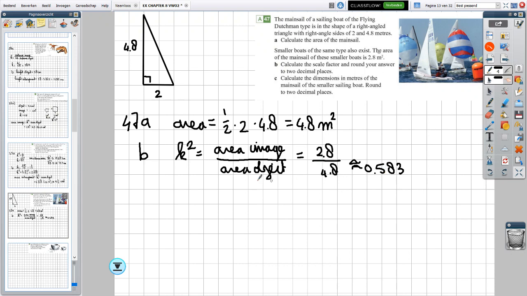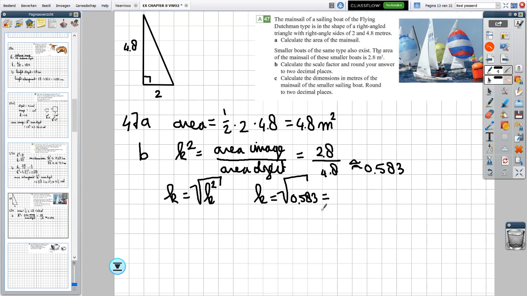But this is k squared. We want k. And k is going to be the square root of k squared. Remember, then the square disappears. Squares and square roots are each other's opposites. So k is going to be the square root of 0.583.